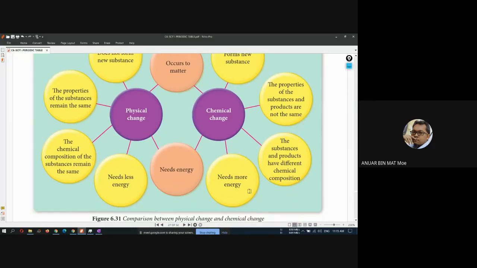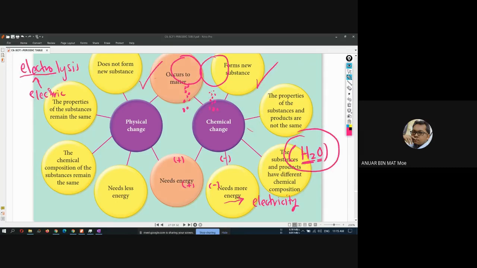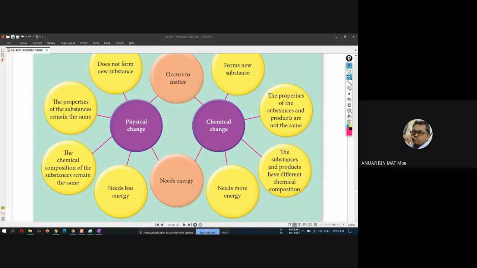Next is the comparison between physical change and chemical change. Comparison means similarity and difference. For a comparison, we must have the differences, and you also must be able to know the similarity.